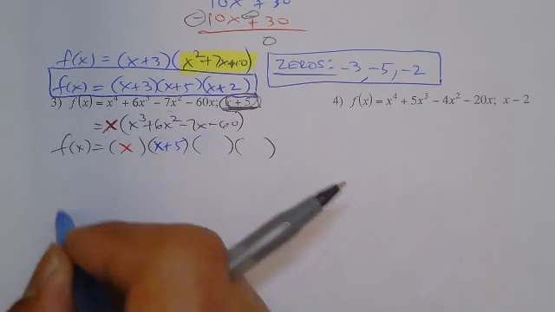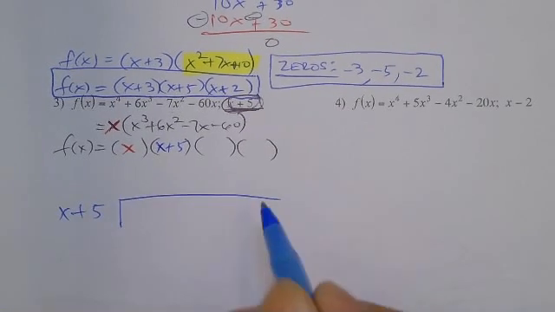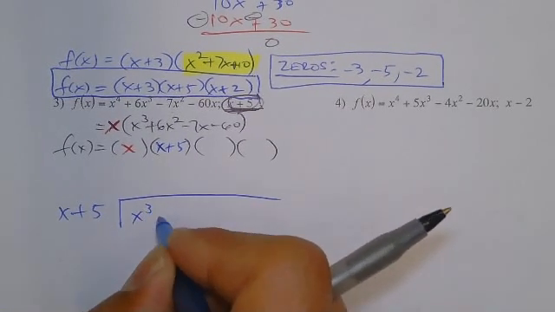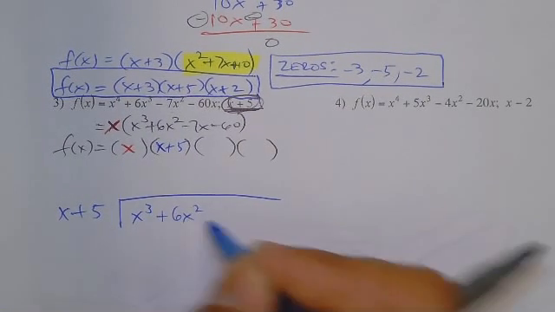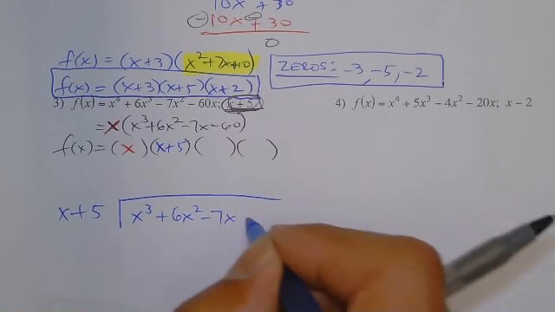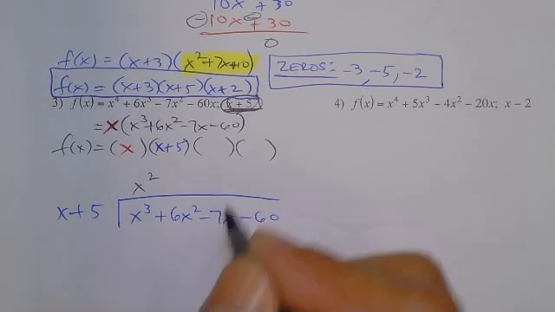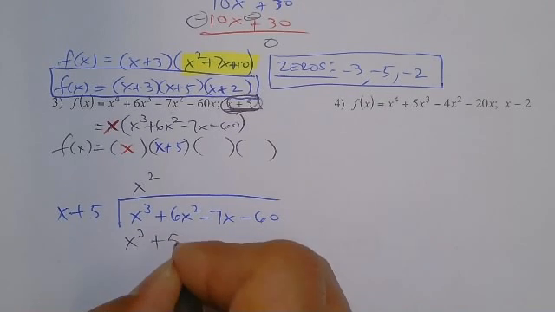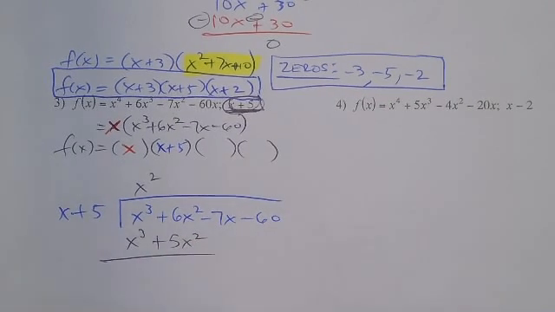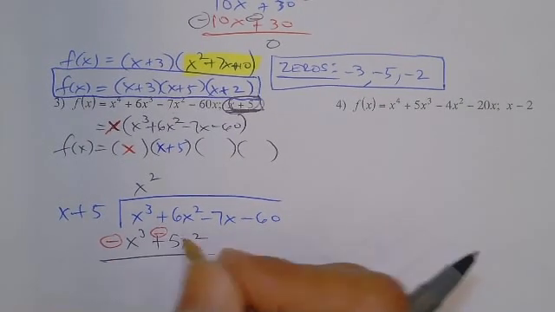And so now what do we have to do? Divide x plus 5 into this one, into the cubed one. Okay, let's do that real quick. X squared.